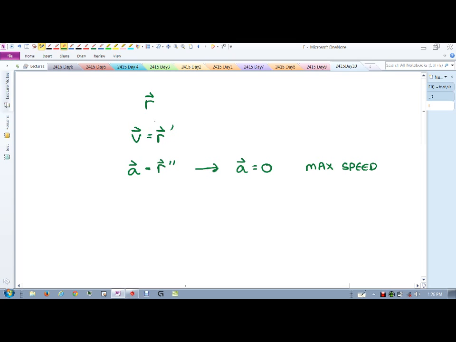That's different than taking the speed function, which is the square root of this part here, the magnitude of it. That's speed. That gives you something that you can find the maximum of. This doesn't necessarily give you the same result as this. It did in this problem, but it doesn't in general.